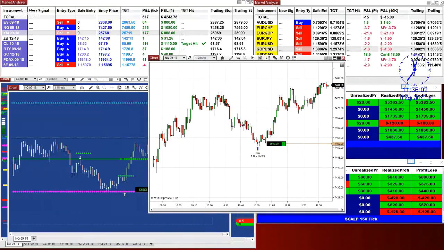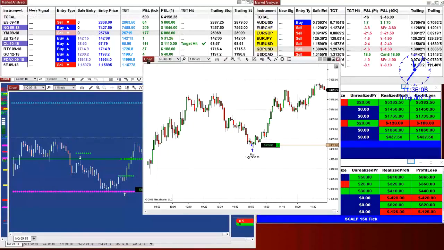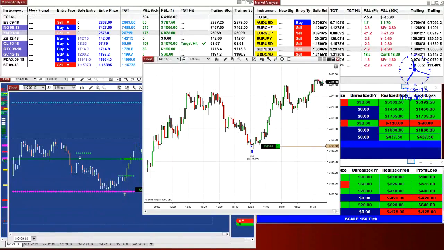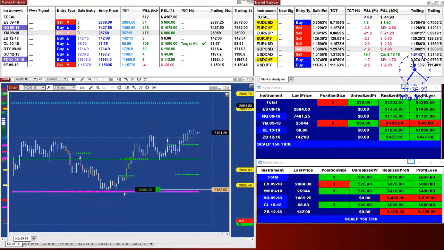We don't see that very often anymore, and we nailed it right at the very bottom of it, and we should have exited right there. But now you can see the Nasdaq is dying on us.